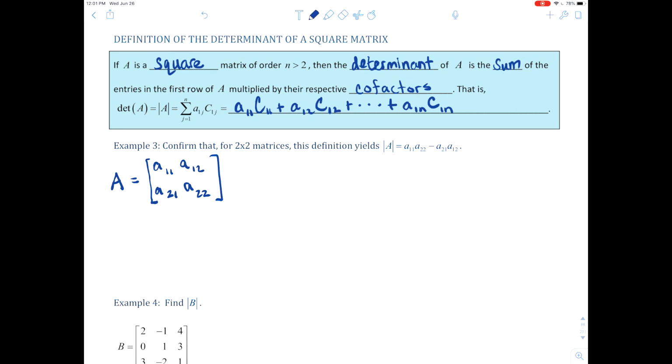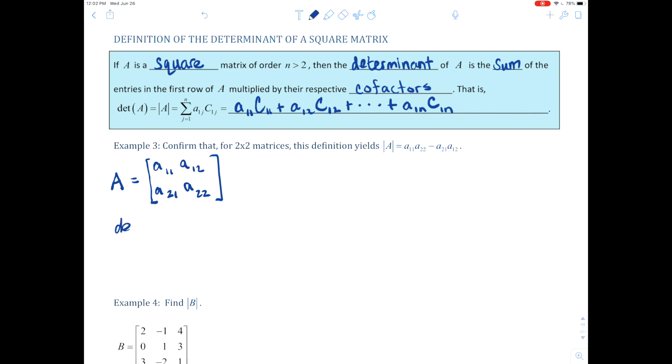Well, if I decide to expand about the first row, that means I'm going to end up with 2 terms. I'll be adding 2 terms which consist of the entry times its cofactor. So since we only have 2 entries in the first row, we'll have 2 terms before we simplify.